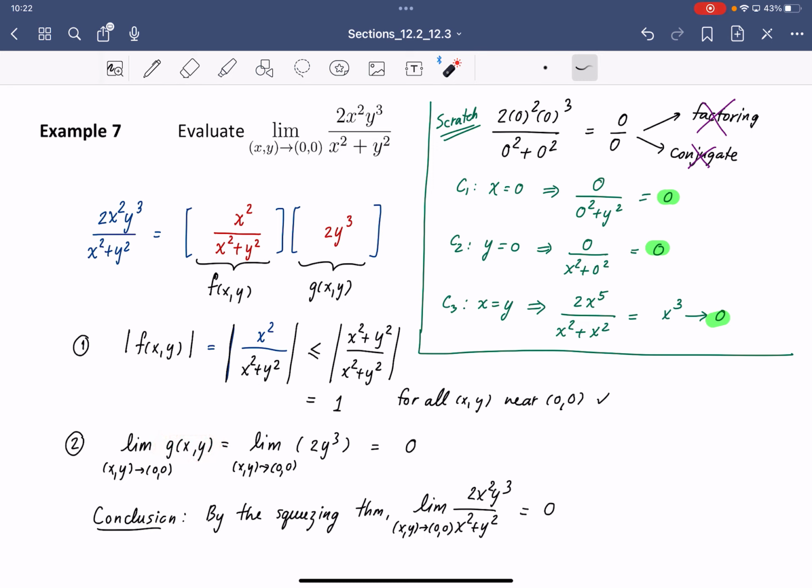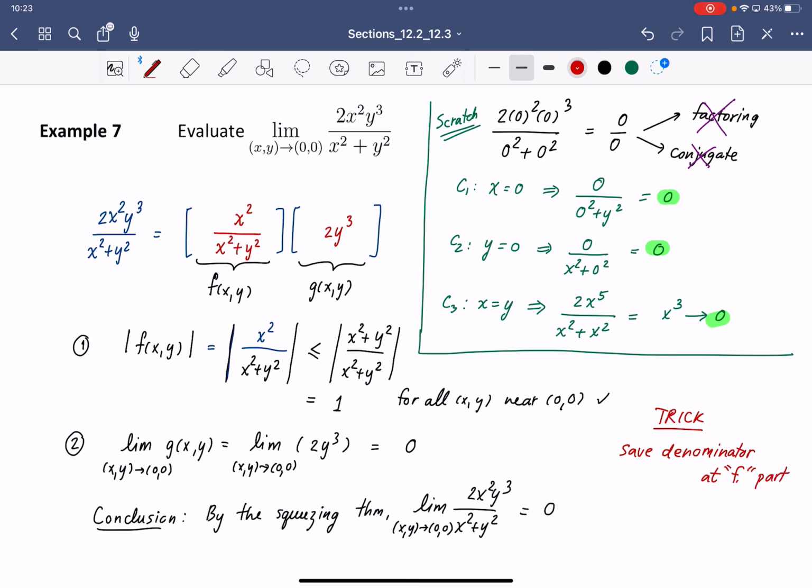So the technique is that we're always going to put the denominator with the f, because this makes it easy to make a bounded function. We're going to save the denominator in the f part.